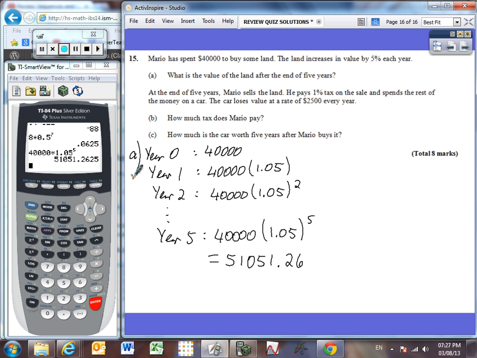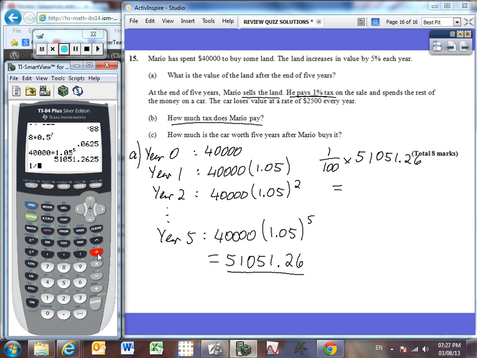Now at the end of 5 years, Mario sells the land. So obviously he got this much money. But he had to pay 1% of tax on the sale. So how much tax did Mario pay? Well, let's see, 1% of this amount is going to equal, let's see what we get.